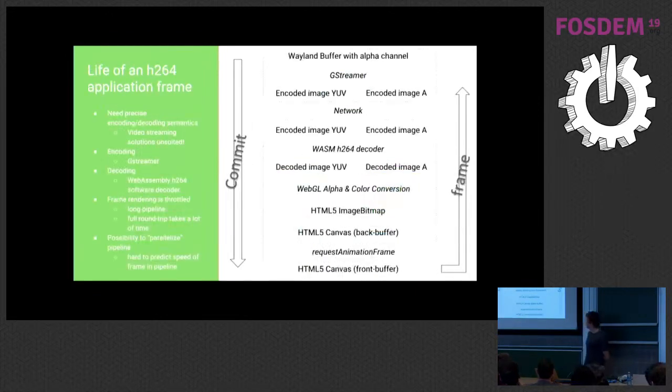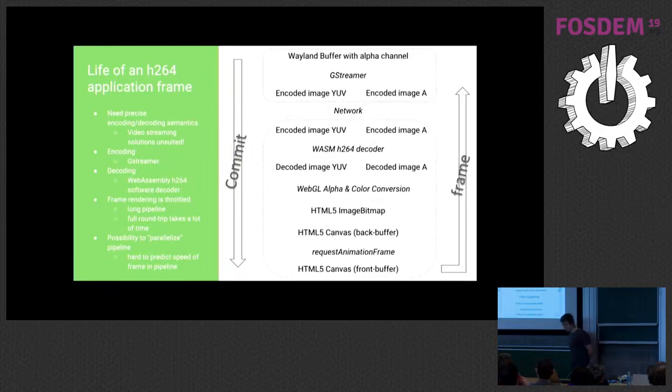Now, here we have an overview of how a frame of an application travels from the endpoint, or from the application rather, entirely through the browser. As you can see on the right side, we have the pipeline. There are quite a few steps involved, so I will go over them quickly. Unfortunately, not enough time to go through everything in detail.